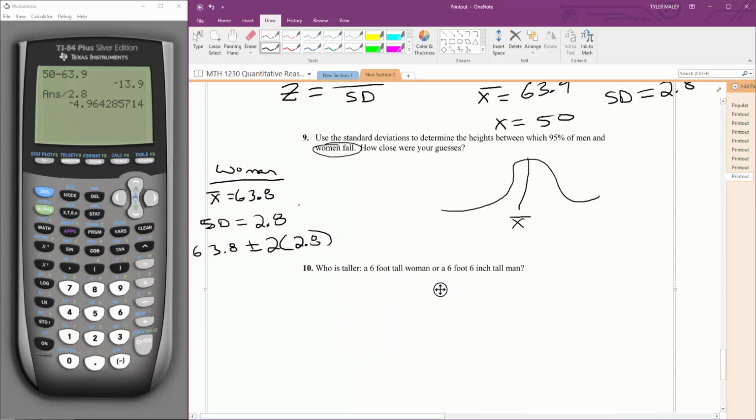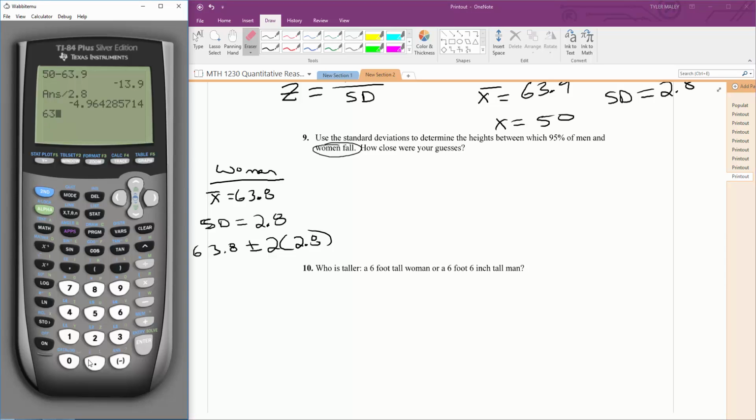To estimate this, let me erase this, get some room. So if you plug this in the calculator, we take 63.8 plus 2 times 2.8.